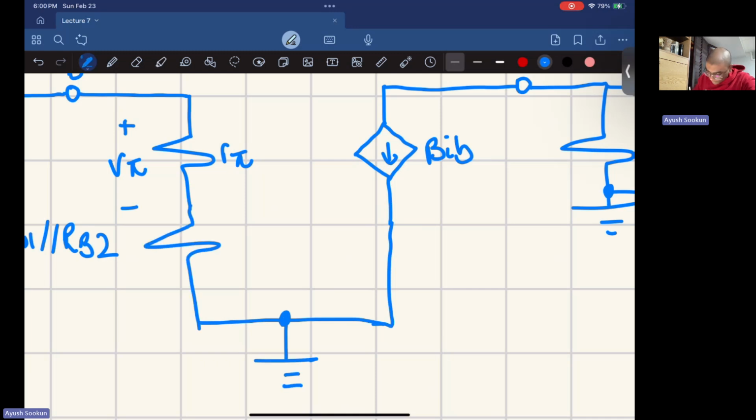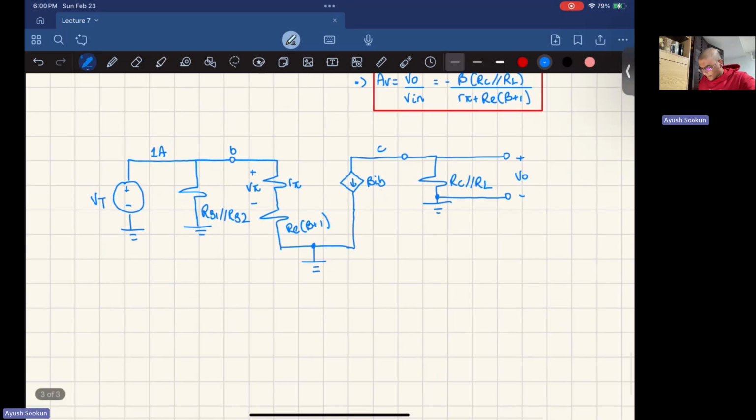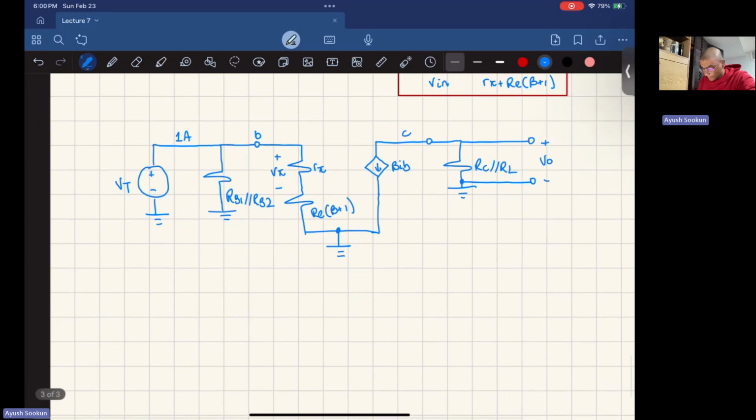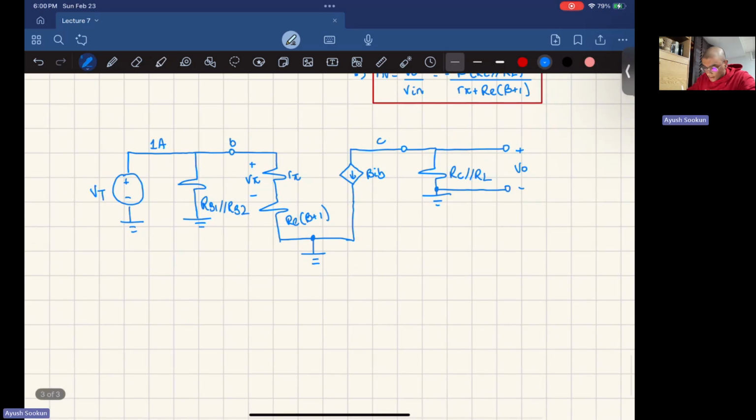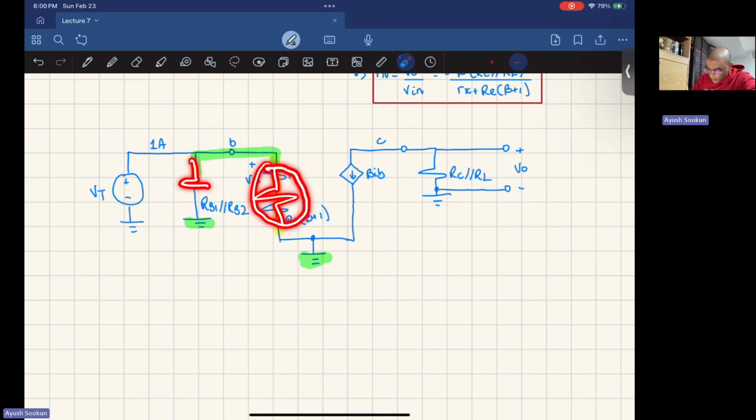And then here we have Re times beta plus 1. Now I can notice one thing right off the get-go. These two resistors are in series, the voltages are the same for these two resistors, and both of them are connected to ground. That means these two are connected in series, which make up one resistor, which is in parallel with this one. So I'll just clean things up here.